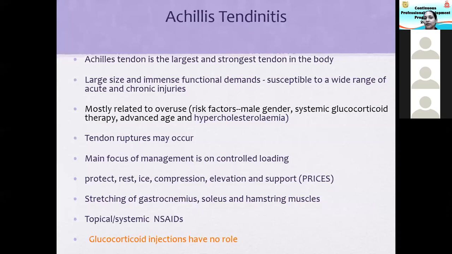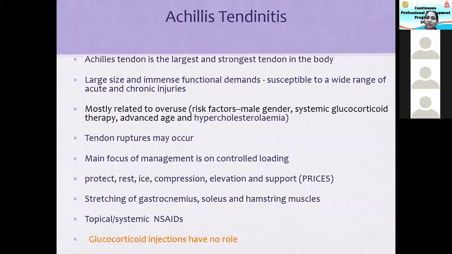Mostly, Achilles tendinitis is related to overuse. Males are more affected. Advanced age, hypercholesterolemia are some of the risk factors. Sometimes Achilles tendon rupture can also occur, leading to difficulty in walking.